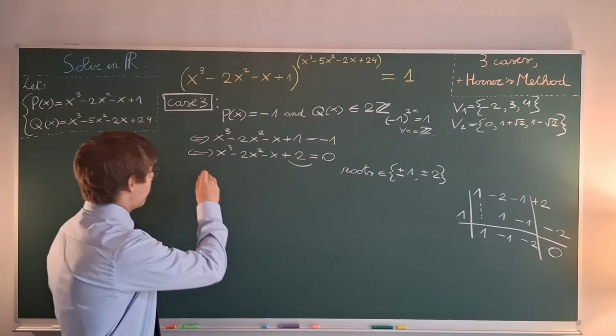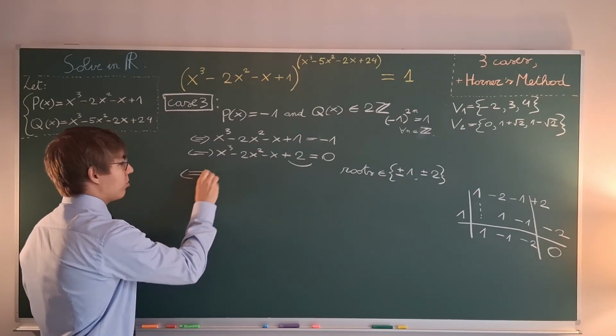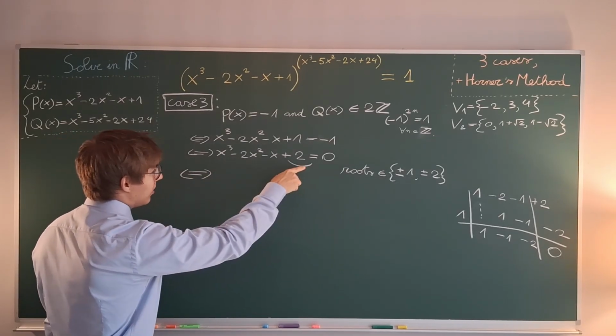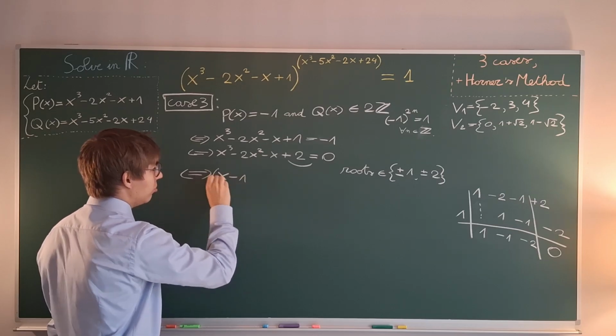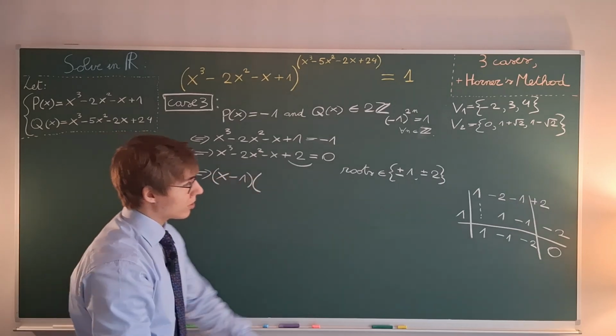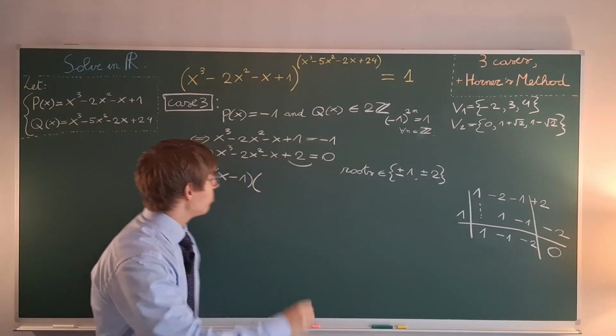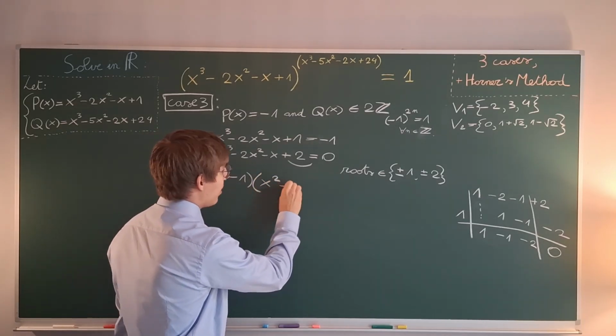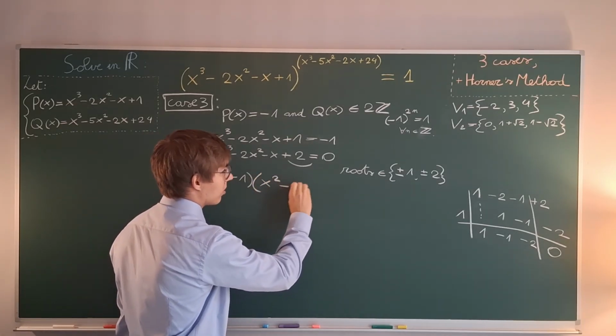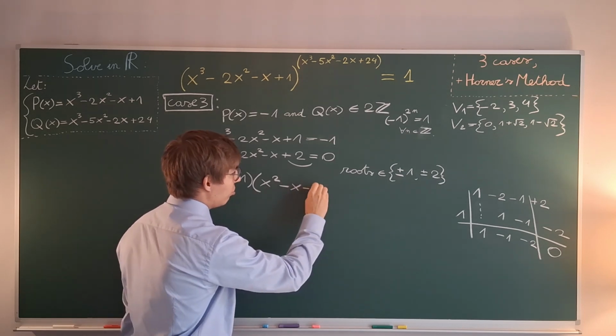So by this method we know that we can write this polynomial as x minus 1, which is the root, times what's left over, which is 1x squared, minus 1x, and minus 2.